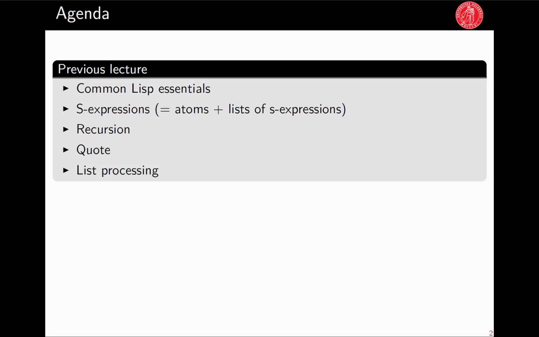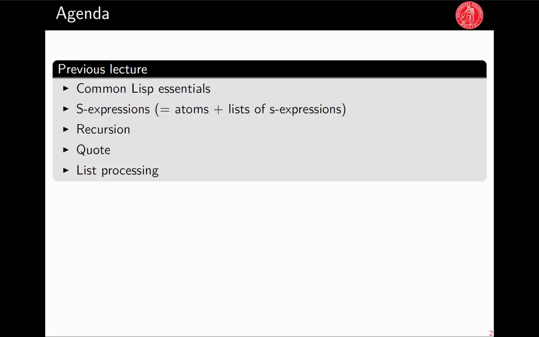And we looked at how to define our own functions using defun, and how to introduce variables using defparameter. And then we looked at a few basic patterns for how to write recursive procedures. So ordinary recursion and also tail recursion as a special case of recursion.